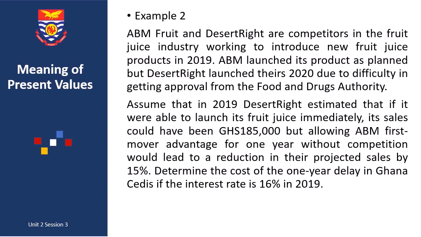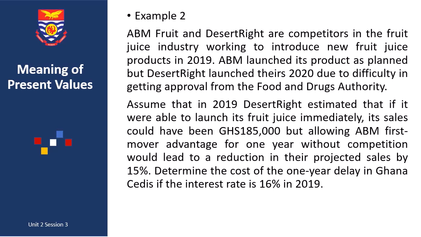So from this first paragraph, ABM and Desert Right are both competitors in the fruit juice industry. They both plan to launch their products on the market in 2019, but due to some legality challenges, ABM was able to launch its product, but Desert Right couldn't launch in 2019, and rather launched in 2020.